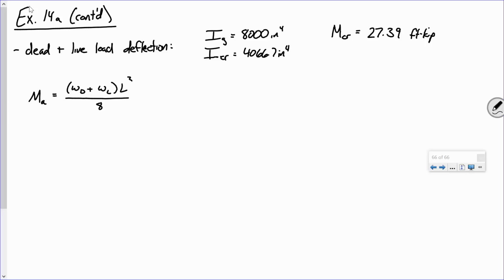Okay, now, again, what's missing? I'm not taking 1.2 times the dead and 1.6 times the live. It's not a factoring issue, okay? It's not a safety issue. We're not factoring the loads. So what was the live load, 0.7?